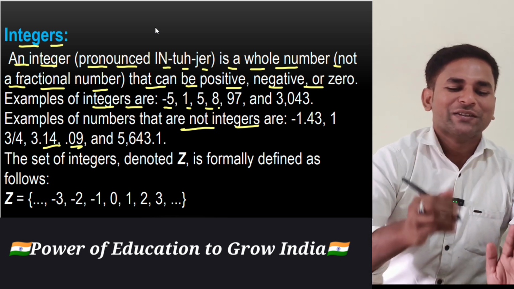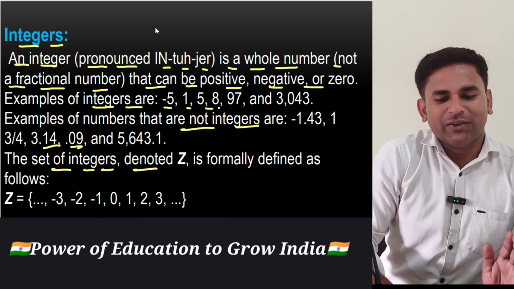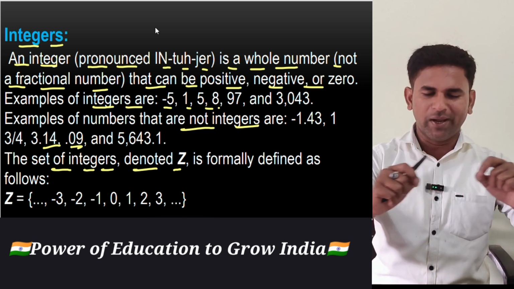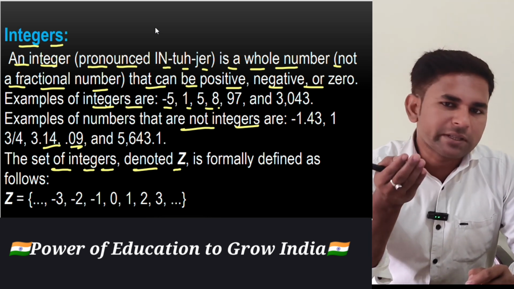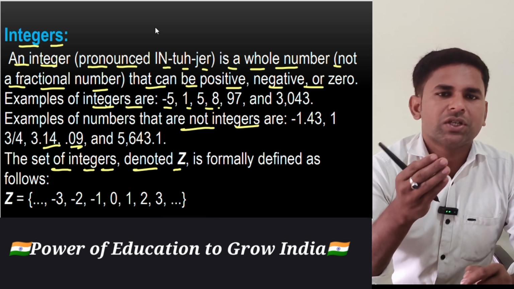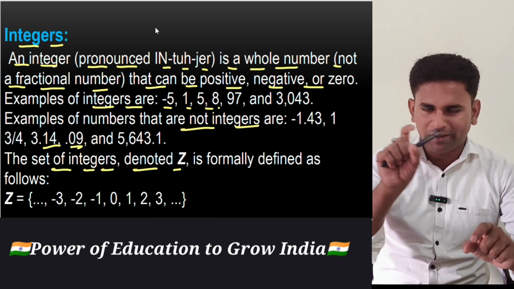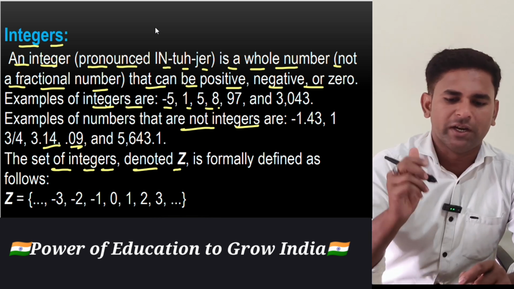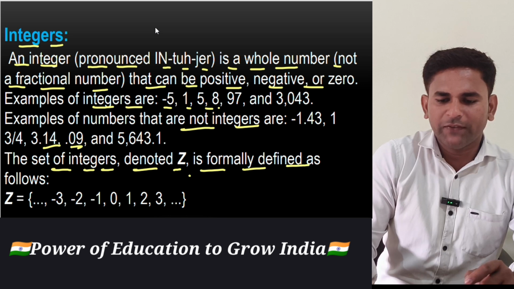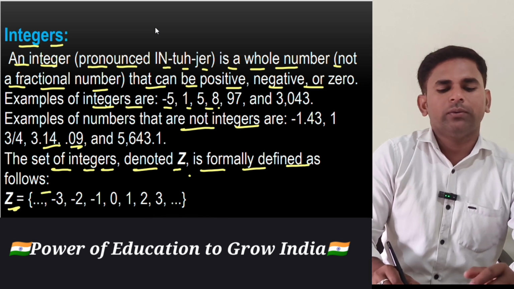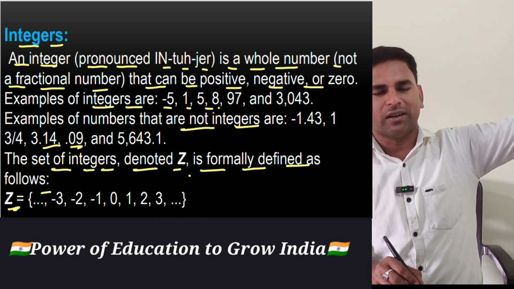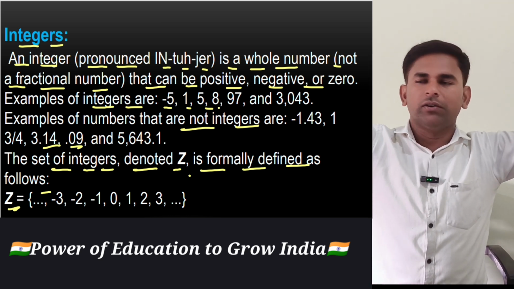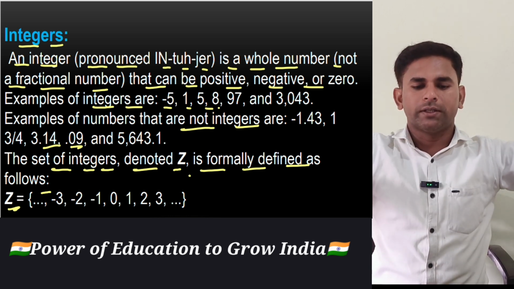Understood now? Okay, so now the set of integers is denoted by Z. It means if you are going to represent the integers, they will use the capital letter Z. If in an examination they give a capital Z, you can understand that the symbol of integers is Z. Now it is formally defined as follows: Z is equal to, on the left-hand side negative and on the right-hand side positive, from negative infinity to positive infinity. All these we can consider as integers.